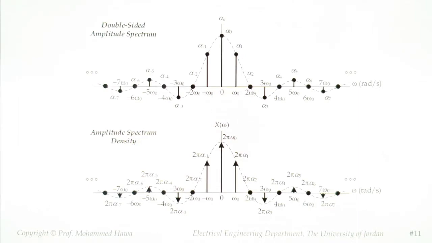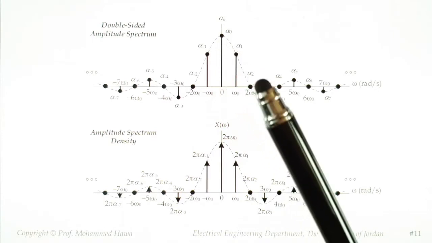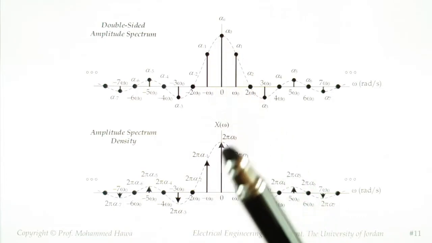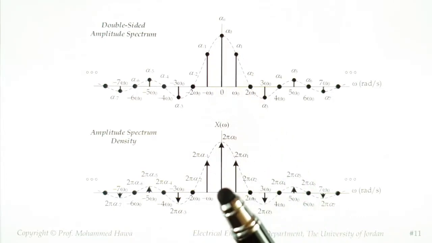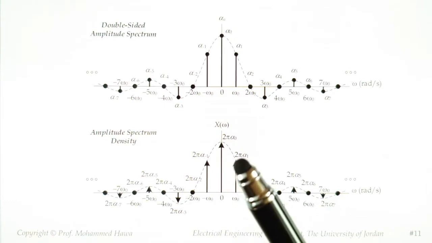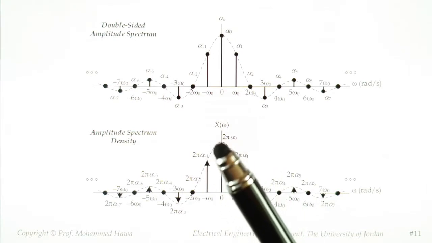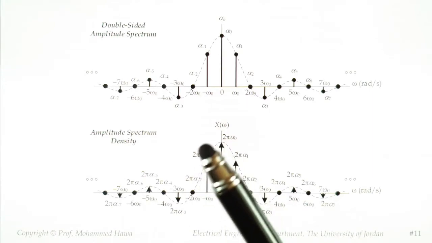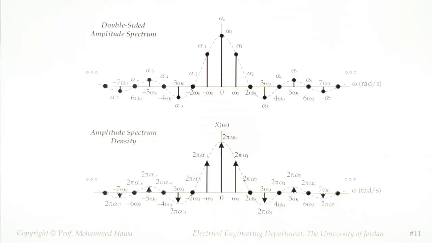Both are double-sided. There are only two differences. Notice that each alpha here is multiplied by 2 pi in the Fourier transform. Another thing is that those lines are replaced by impulses. The area under the impulse is 2 pi alpha 1. The area under the impulse is 2 pi alpha naught. The area under the impulse is 2 pi alpha minus 1, and so on and so forth.